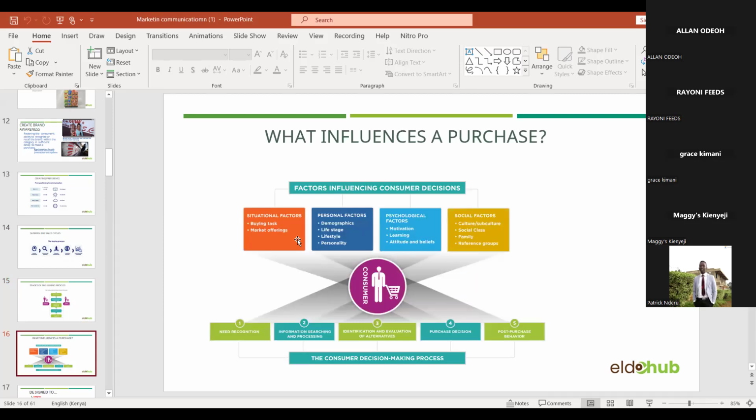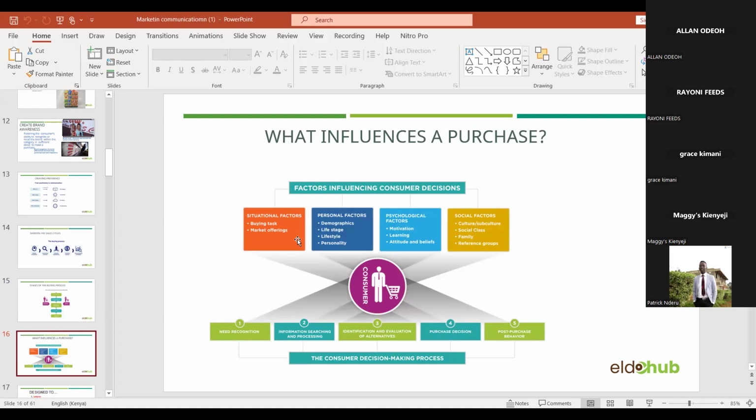Yeah, now that the customer is buying your product, we have some things that influence purchase. We have very many factors that influence purchasing decisions, including the product benefit. Let's say you're buying face products, something that will influence purchase is, what are the benefits?